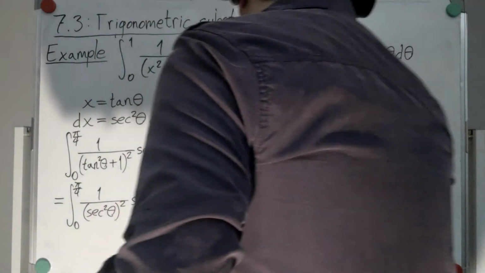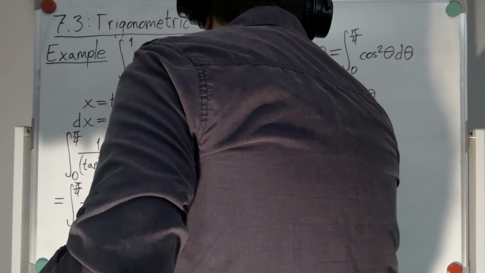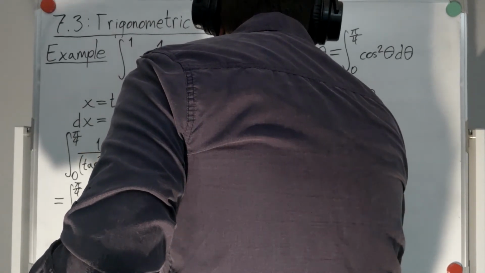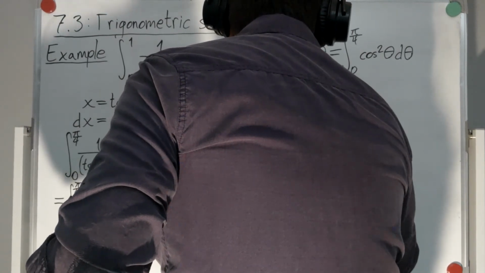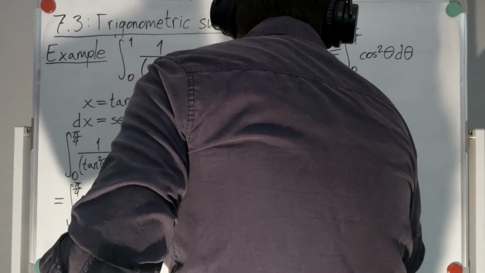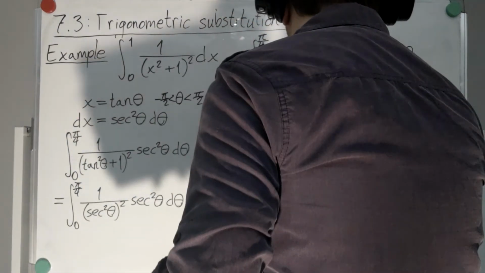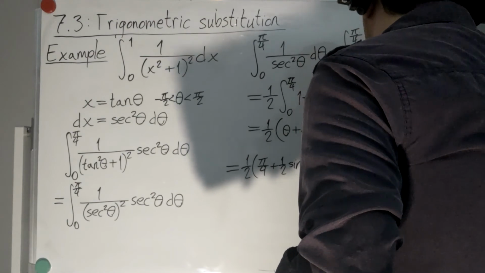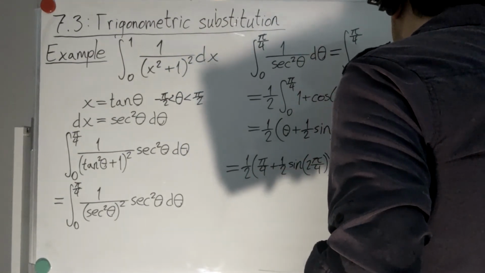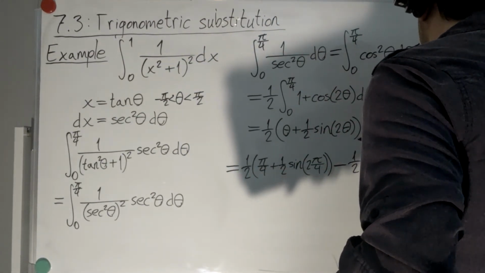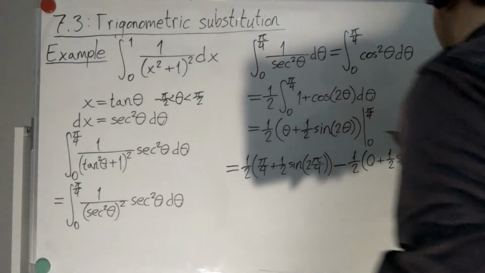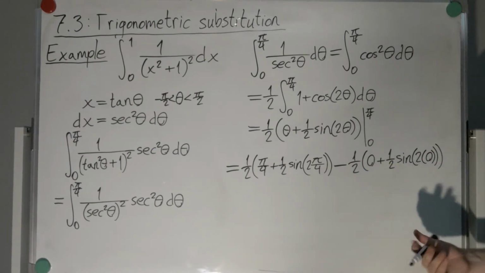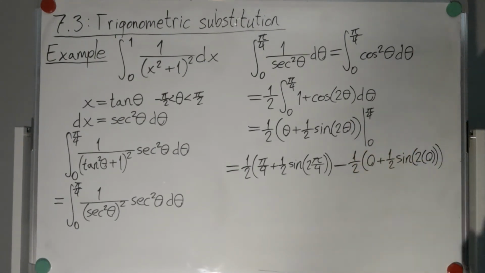So we plug in the bounds, and what we get is 1/2 times pi over 4 plus 1/2 times the sine of 2 times pi over 4, minus 1/2 times 0 plus 1/2 times sine of 2 times 0. Now, sine of 0 is 0. 0 plus 0 is 0, so all of this can just be ignored.